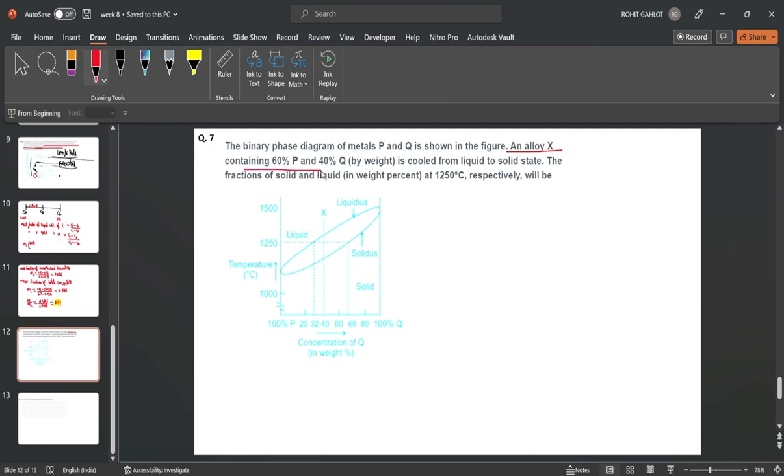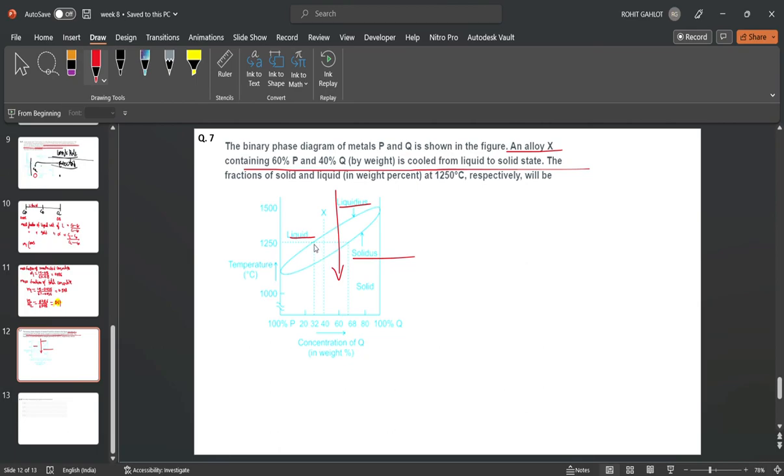An alloy X containing 60% P and 40% Q by weight is cooled from liquid to solid. The fraction of solid and liquid in weight percentages will be asked. This is your liquidus line, this is your liquid, and this is your solidus. So try to solve this, and after that we'll do it.